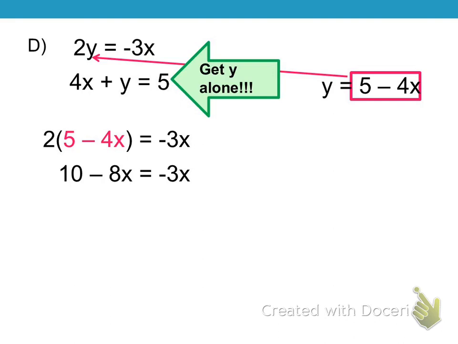All right, distribute the 2. You get 10 minus 8x equals negative 3x. Then what? Add 8x to both sides. Divide both sides by 5, and we come up with the x value of 2.